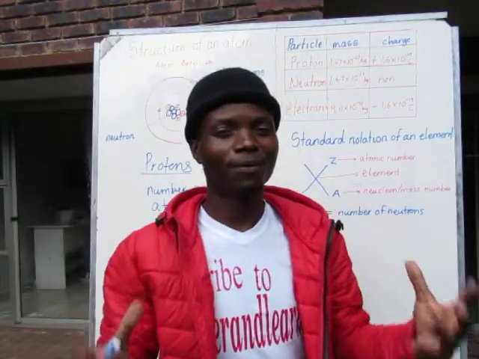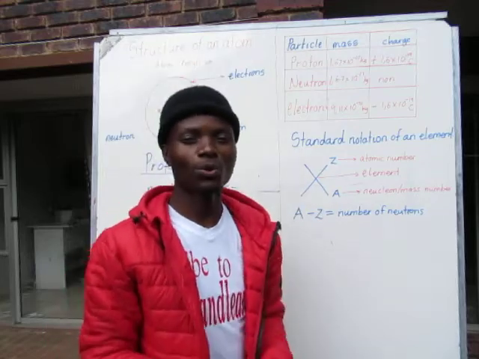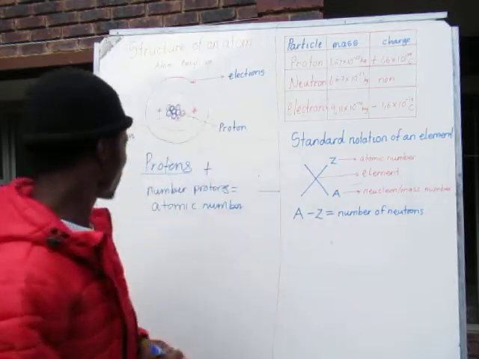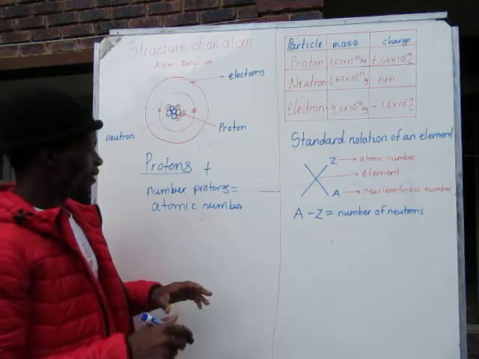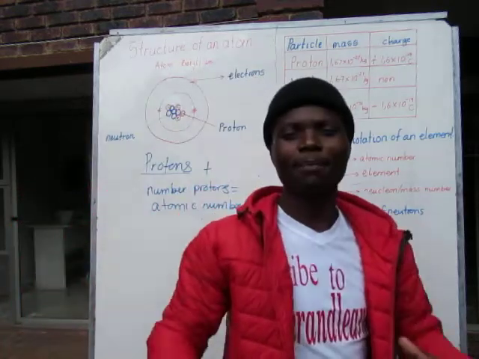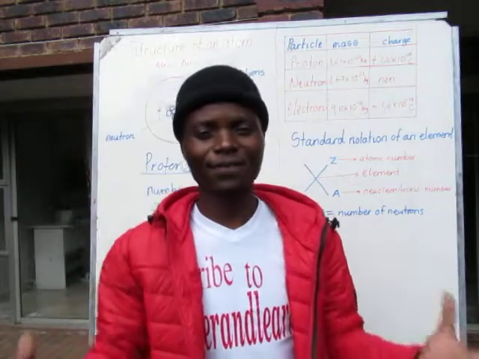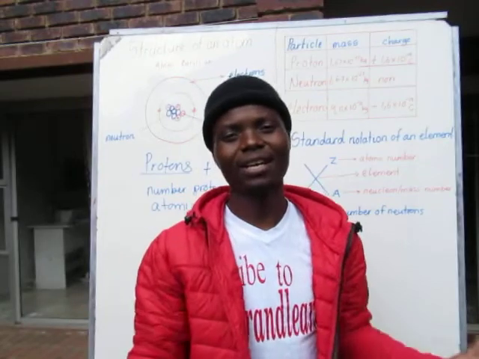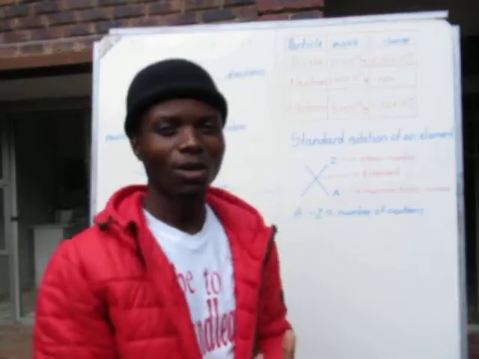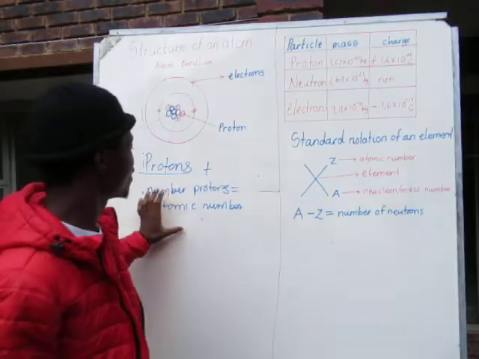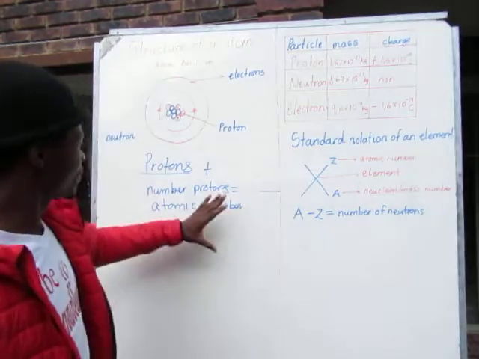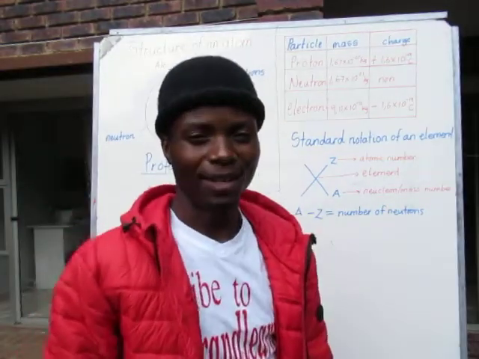This is a very, very important principle we should understand. And we should also know that the protons determine the physical nature of an atom. So all the physical nature of an atom is determined by the protons. That's a very important part we should understand.